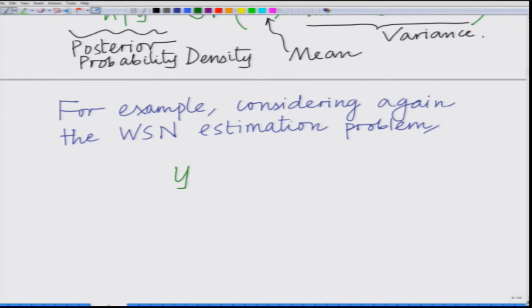Recall that the WSN estimation problem is y bar equals 1 bar, the n dimensional vector of all ones, times h plus v bar, where v bar is additive white Gaussian noise.